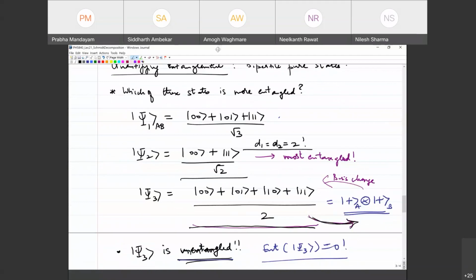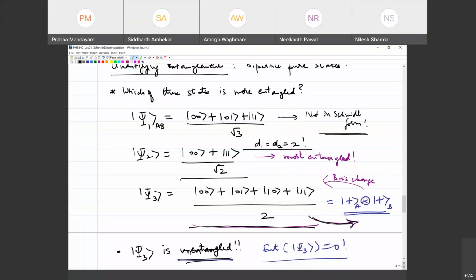But dimensionality is 2 for psi 1 also, no? Yes, the point is, this is not in Schmidt form. So in fact, this will be part of your homework now.